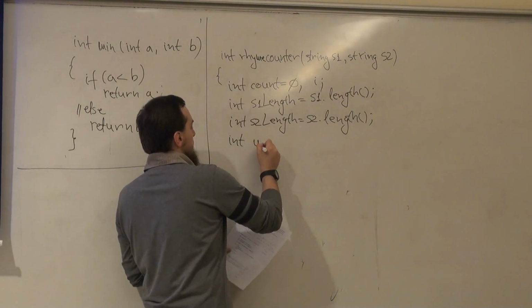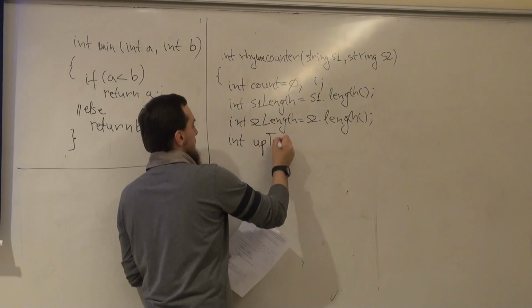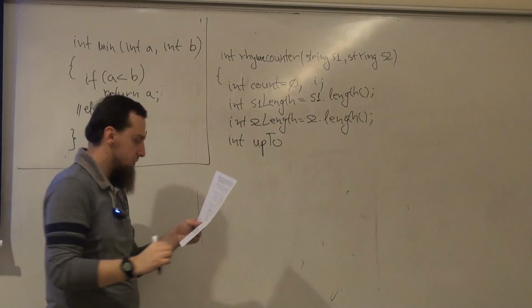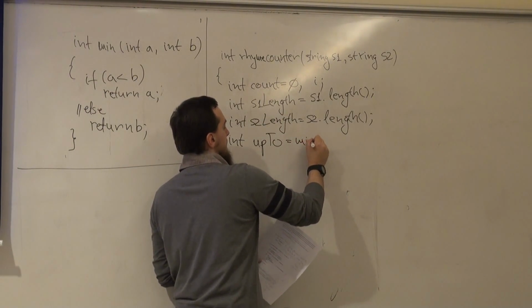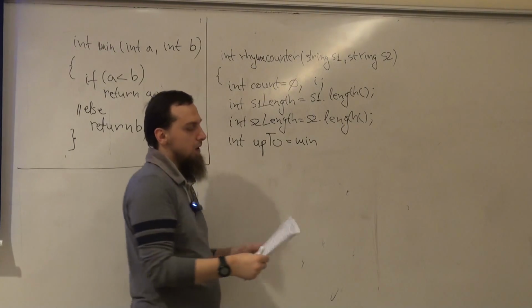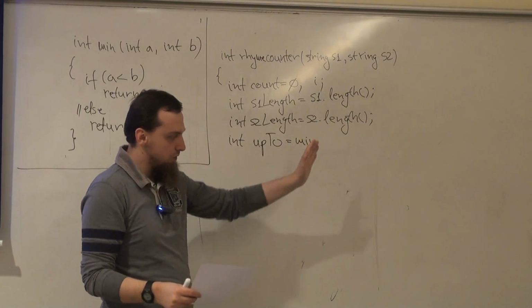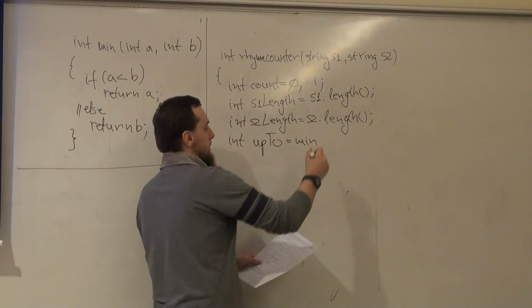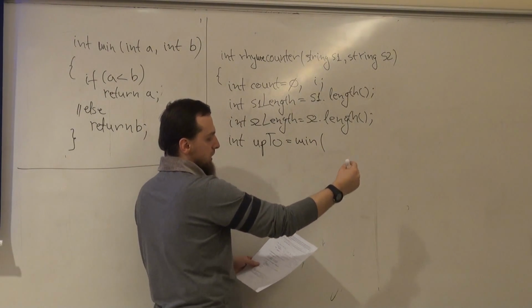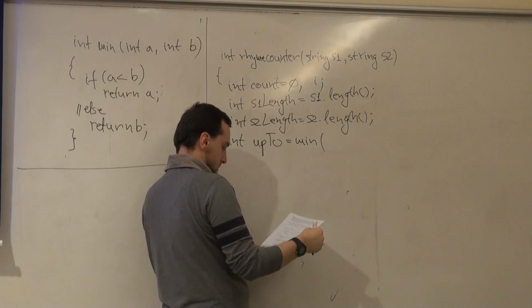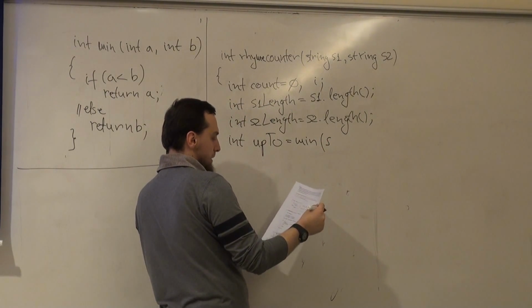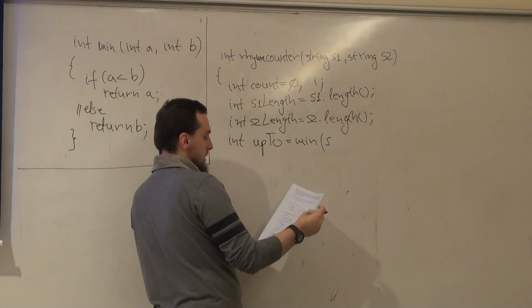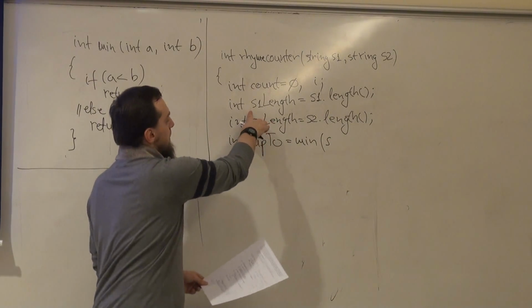So the name of the integer will be up to, and this up to is basically the minimum of two strings. We are comparing up to the minimum of the two strings. We cannot continue and check index smaller than 0, because it will be an error, and the program will crash basically.